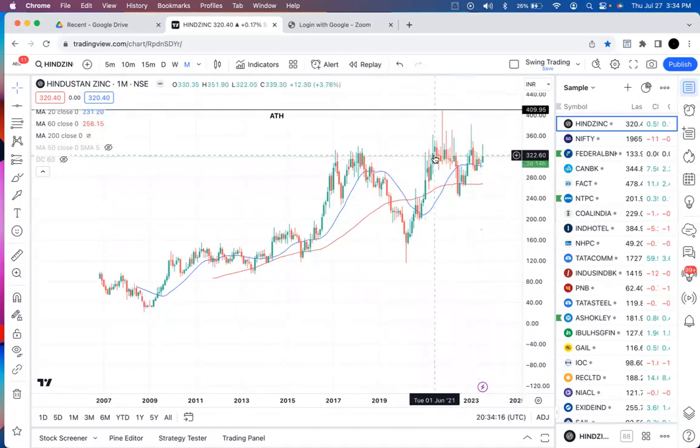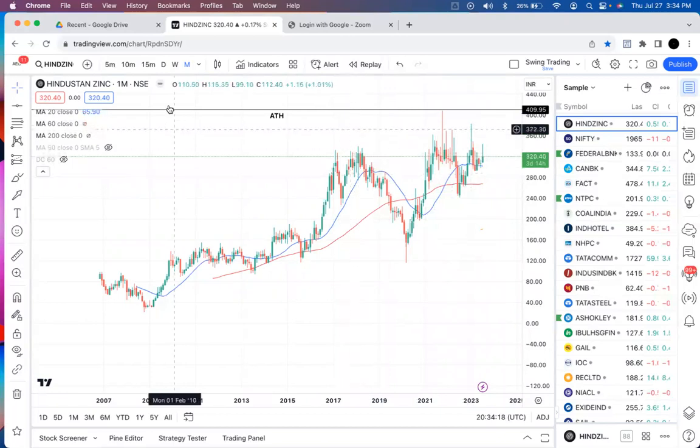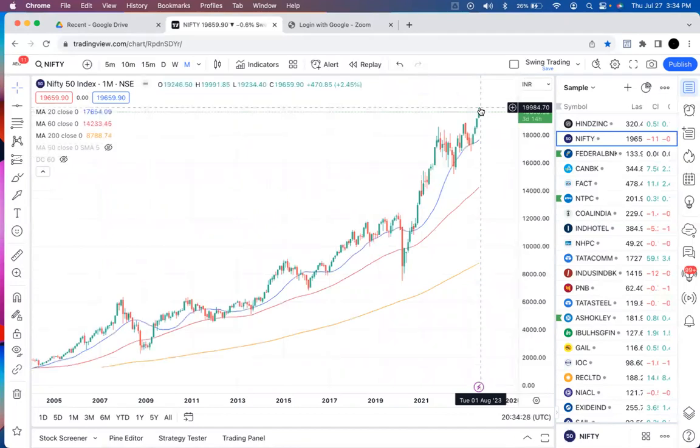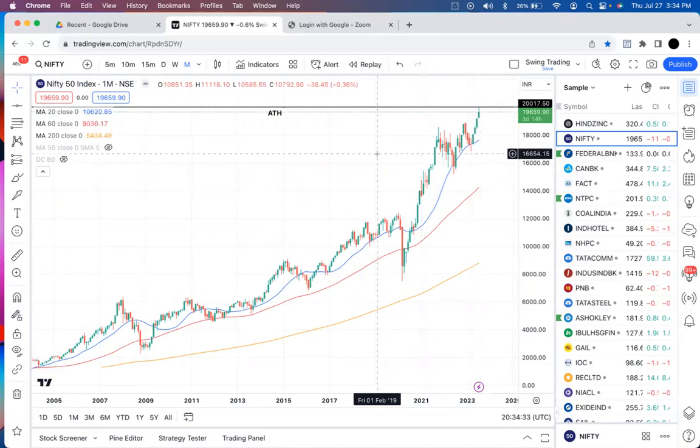Now, especially on the monthly, I get a chance to mark my all-time highs right up there. Right after that is the Nifty chart. That is just the index, so this is not a particular stock or ETF, but I keep it handy so I can have a view of what the Nifty is doing.